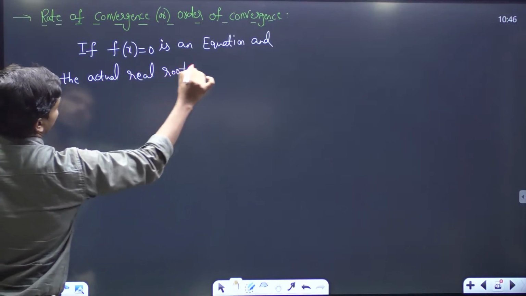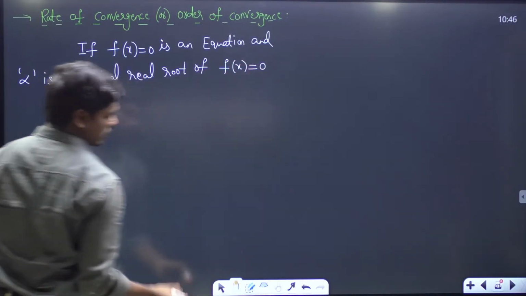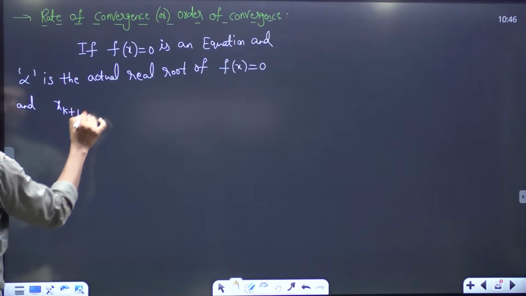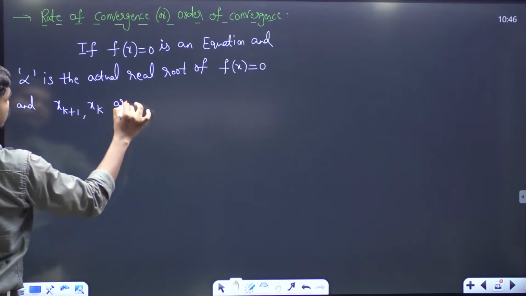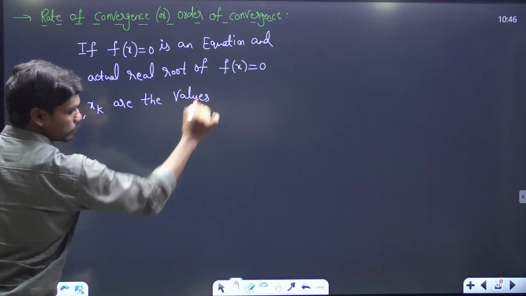Alpha is the actual real root of f of x equal to 0, and x_{k+1}, x_k are the values obtained by using iteration formulas in the (k+1)th and kth iterations. I'll tell you what's the use of convergence.